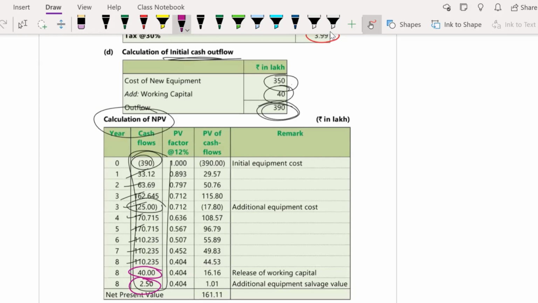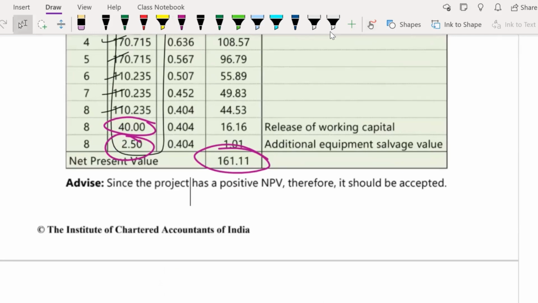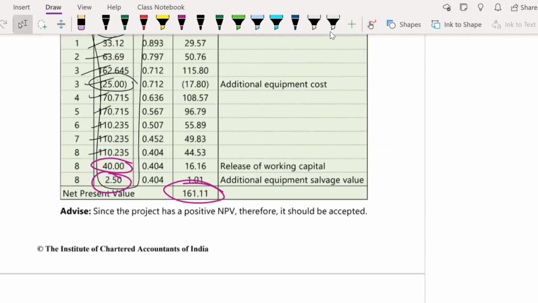All of this you have to take into picture, put in the PV factor, and find out the present value of cash flows. Your NPV will be 1,61,161 lakhs. Since the project has a positive NPV, the project should be accepted.